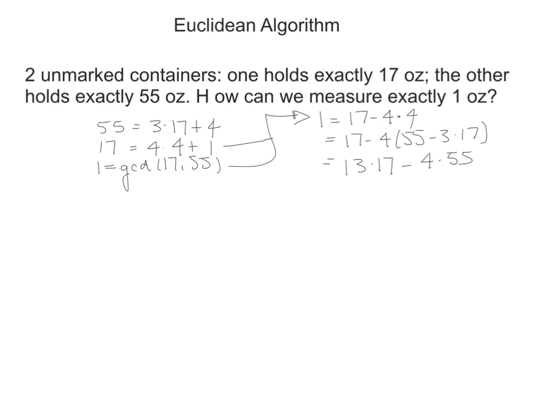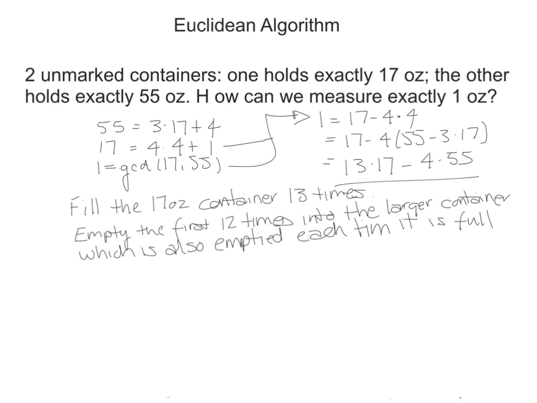So let's take a look at the interpretation. We fill the 17-ounce container 13 times, and basically every time we fill it, we empty it into the larger container. So the first 12 times we're emptying it into the large container, and every time the large container is full, it's also emptied. Looking at the 12th time that we've filled the 17-ounce container, after 12 times we've poured a total of 204 ounces.